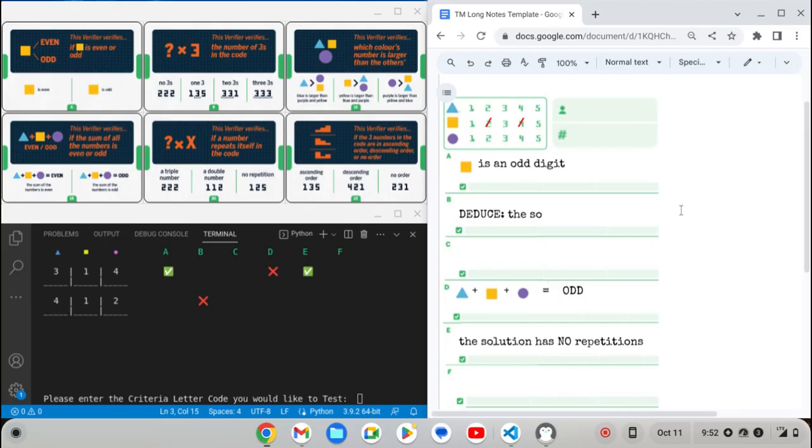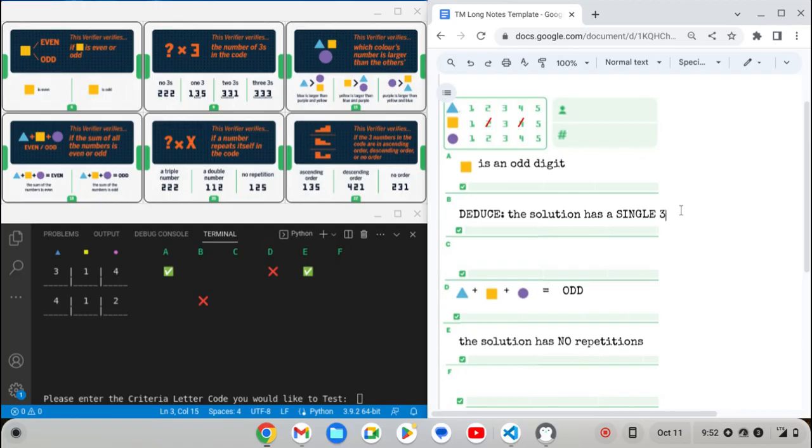So, okay. Well, what does that mean? Well, it almost feels like you still might have 2 evens, but there's no way to confirm that.